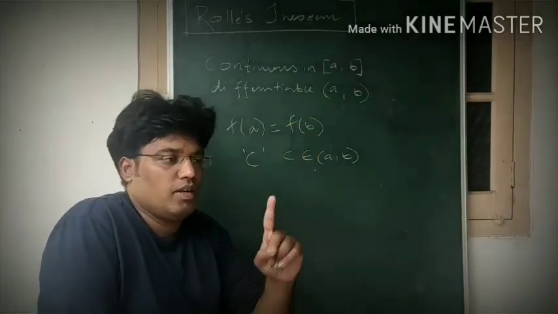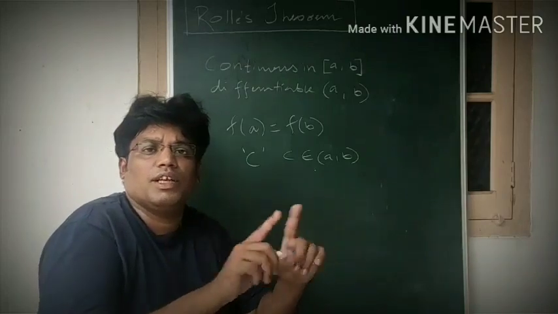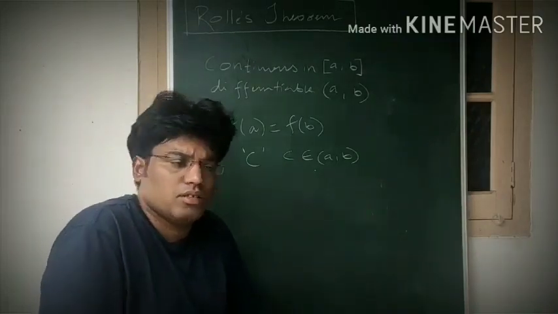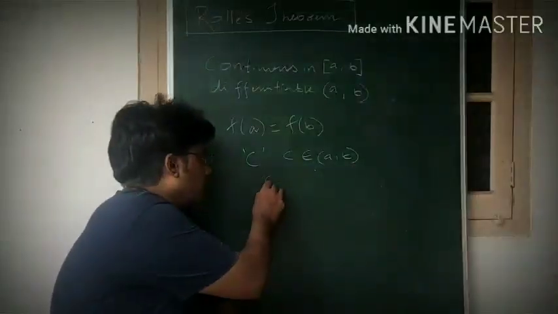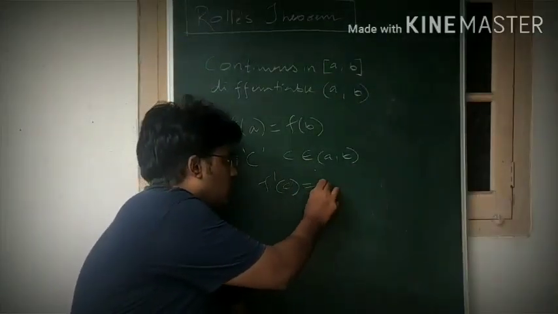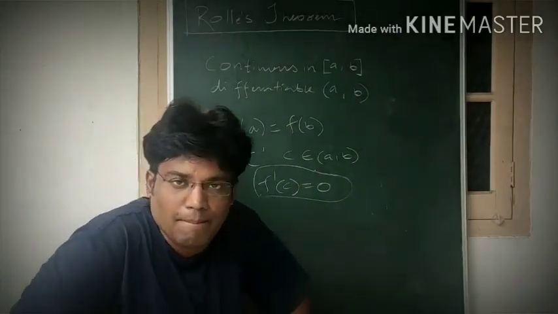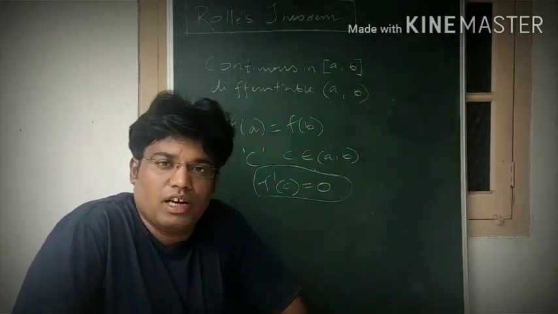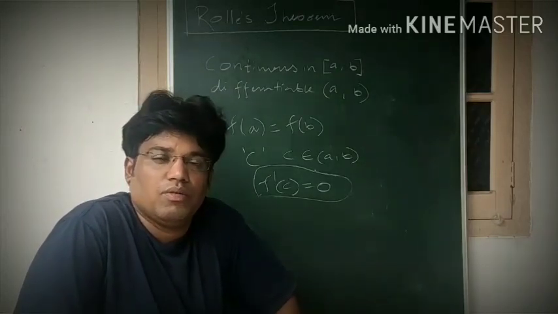So it will not be exactly at A, it will not be exactly at B. It will be somewhere in between A and B. That's why I have taken open there. Such that f dash of C is equal to 0. This is what you need to concentrate on. At that point, f dash of C will be equal to 0.